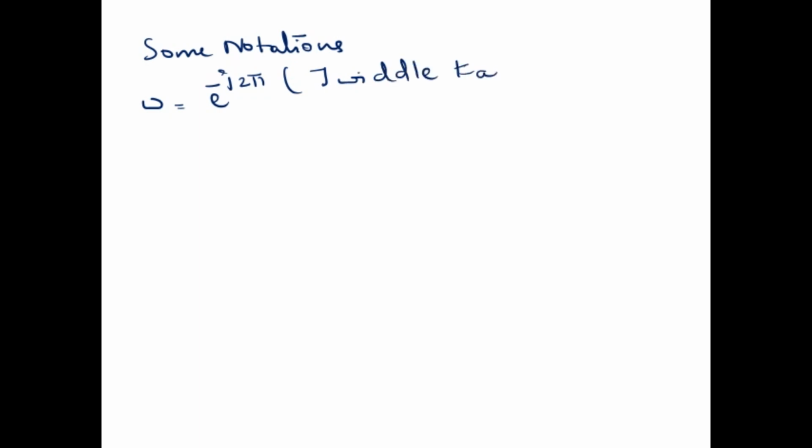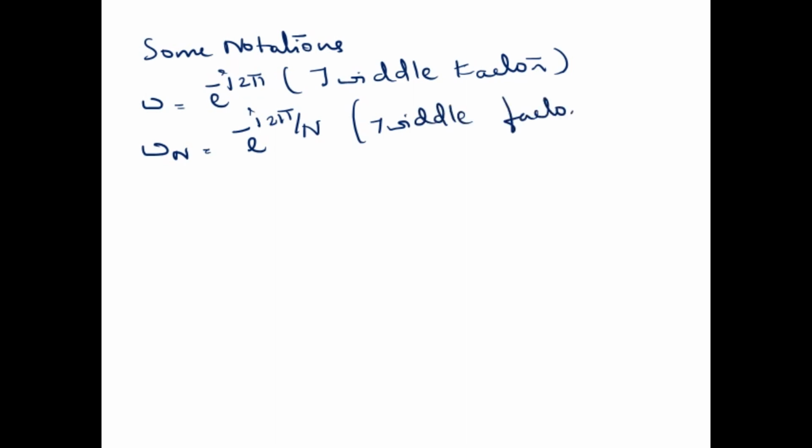Now we are going to discuss some of the notations we are going to use while solving the problems. That is W equal to e power minus j 2 pi, which is known as Twiddle Factor, and W suffix N, which is equal to e power minus j 2 pi divided by N. This is the Twiddle Factor for N number of samples.